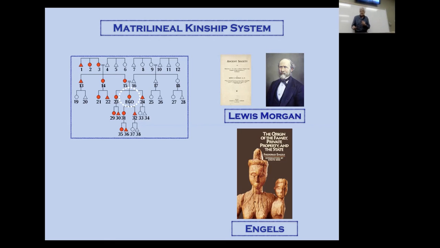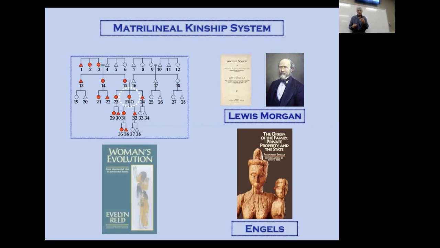And it wasn't until the rise of the women's movement that Evelyn Reed wrote a book, Women's Evolution, where she looks at Morgan's work and then all of the different studies that have been done and showed how these anthropologists were really doing a big disservice to the science, because women anthropologists began investigating and finding the truth.